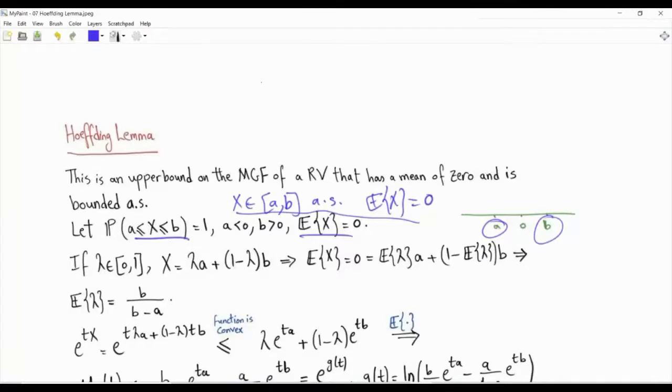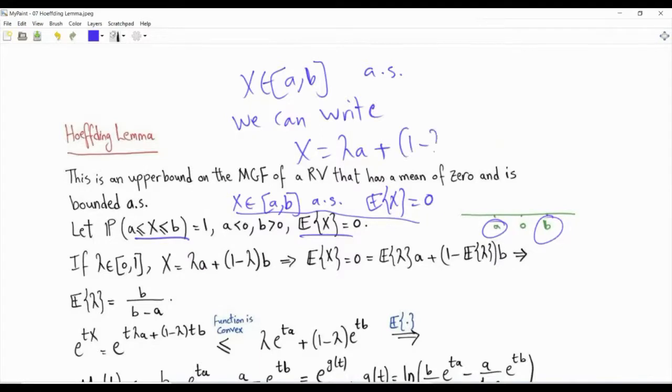You can write down X. X is between a and b almost surely, so we can write that X is equal to lambda a plus 1 minus lambda b, where lambda is between 0 and 1. If lambda is 1, X is a. If lambda is 0, X is b.